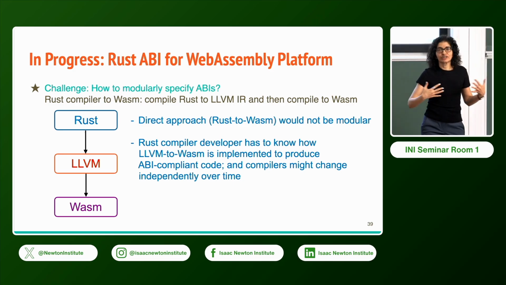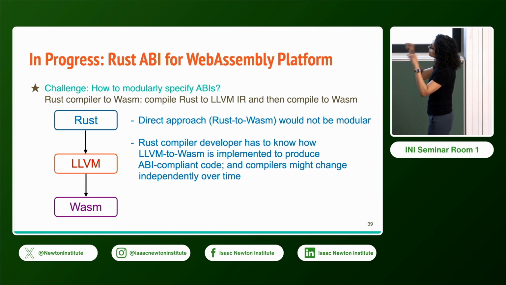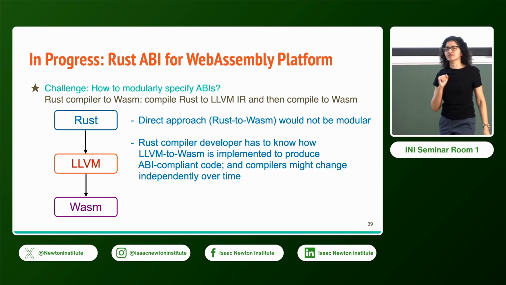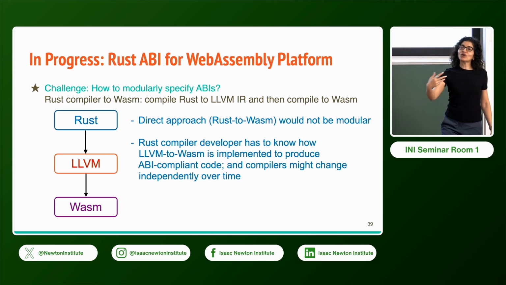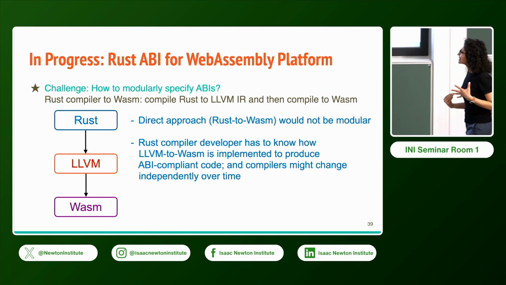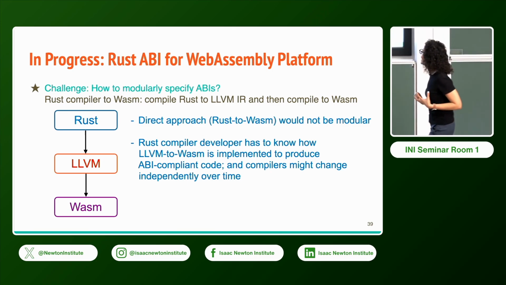And this is a problem in the real world, because the Rust compiler developer who's writing down the ABI for WASM needs to know not just what the Rust to LLVM compiler is doing, they also need to really intimately understand everything that the LLVM to WASM compiler is doing, to get the direct approach from Rust to WASM properly specified. And then what if, in a month, the LLVM to WASM compiler changes certain things? And this happens all the time. In that case, your ABI needs to change, but it's not changing very modularly. It's a very weird, finicky kind of process.